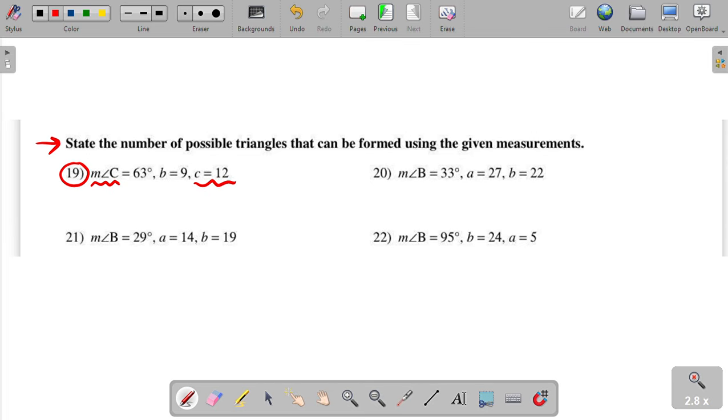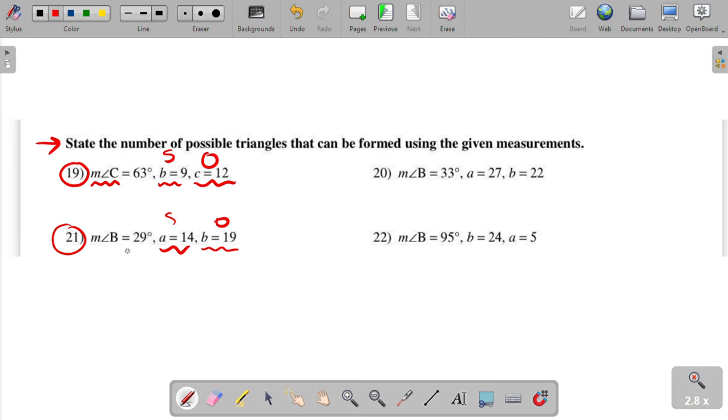So C also, this is going to be the opposite. The letter of the angle and the side that has the same letter is the opposite, and the other side is the normal side. So for example, in 21, what's the opposite? The angle is B, so the opposite must be B as well. So here it is. This is the opposite.